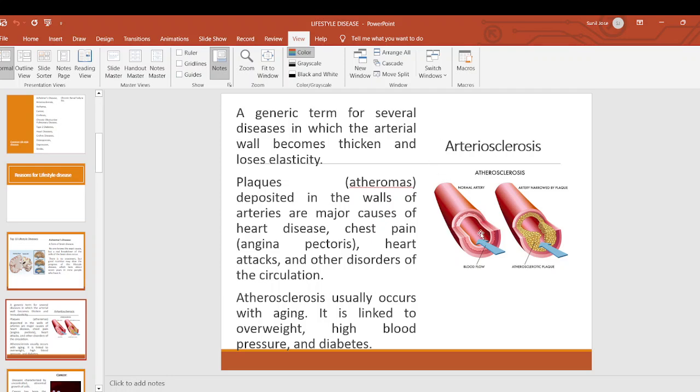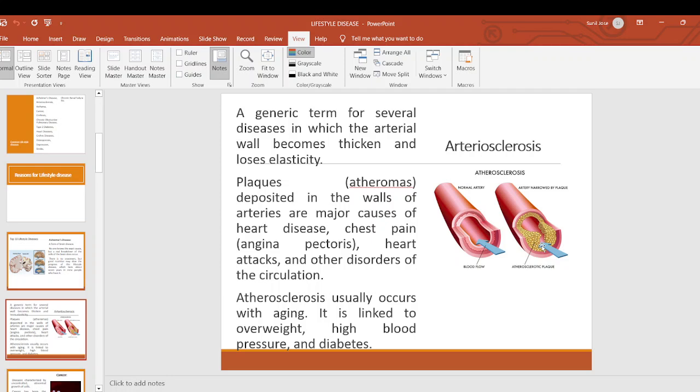When these fat particles are deposited here, that will be reducing the opening of this artery, so that less blood can pass through that artery. That is the problem with plaque deposition, and this plaque deposition is normally through cholesterol deposition.